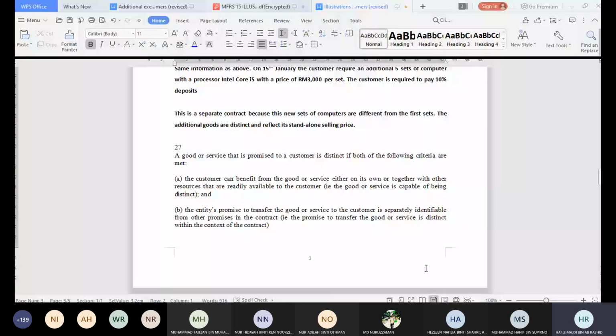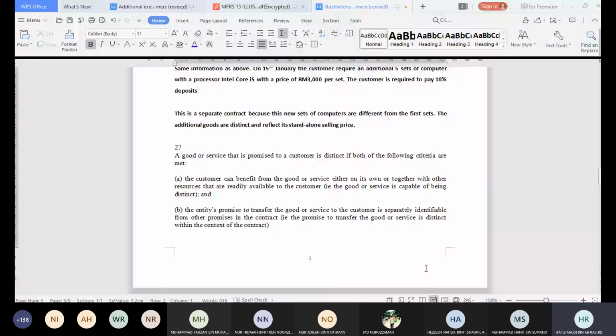So if the additional goods and services are distinct and reflect their own stand-alone selling price, then you just create a new contract for that additional good. Don't involve the original contract. So the original contract is still in effect.